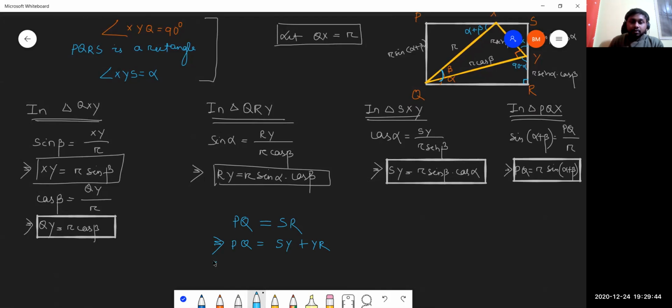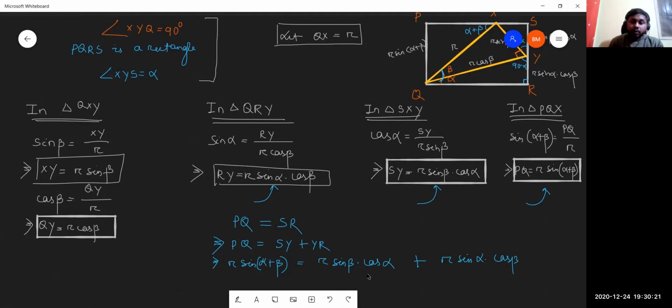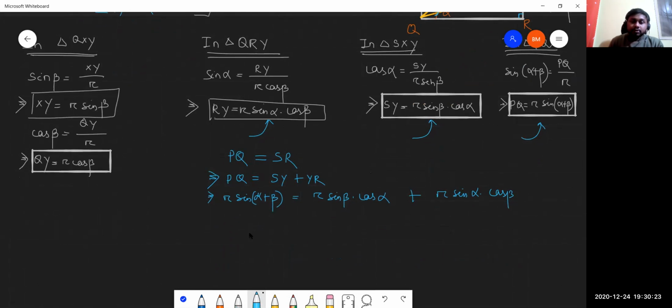Now the PQ measurement we have got here is r times sine alpha plus beta, which is equal to SY, that is r sine beta times cos alpha, plus the YR value, which is r sine alpha into cos beta.